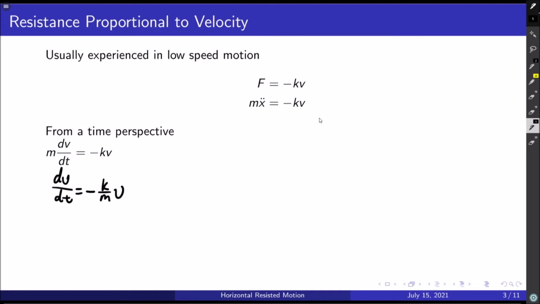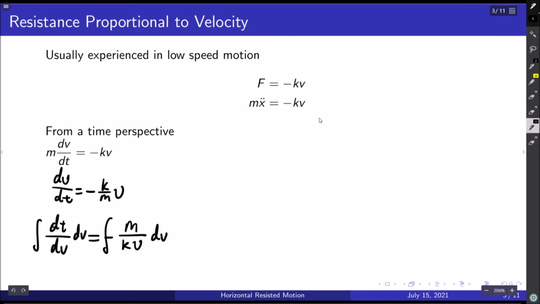The quickest way is to write the differential equation as dt over dv equals negative m over kv, and then integrate both sides with respect to v. Because mass and this proportionality constant more or less stay the same, we can just pull them out.